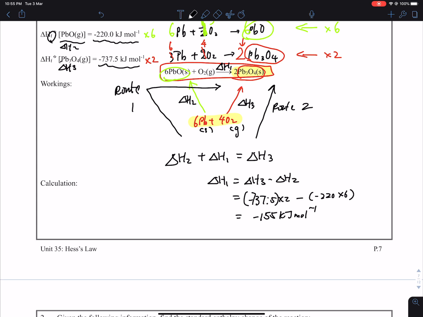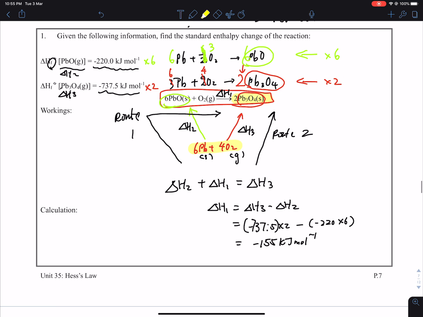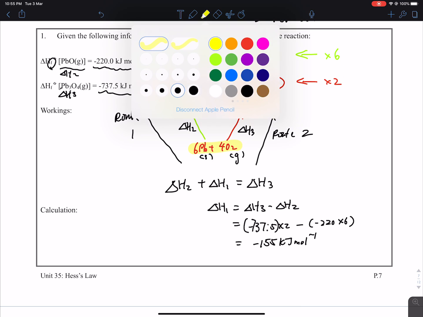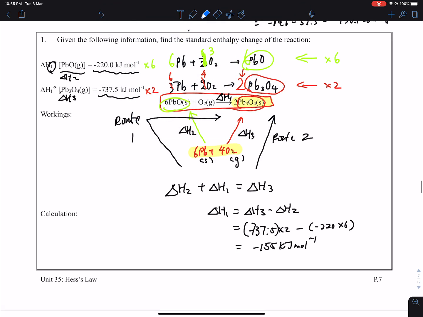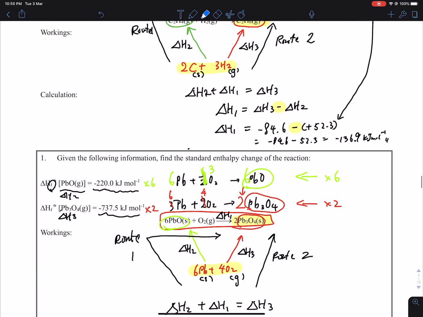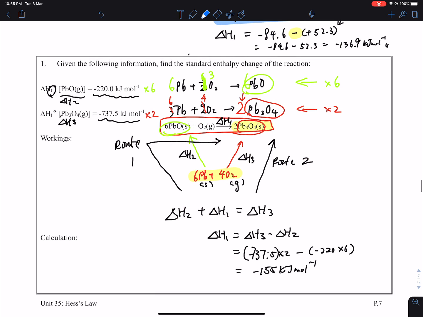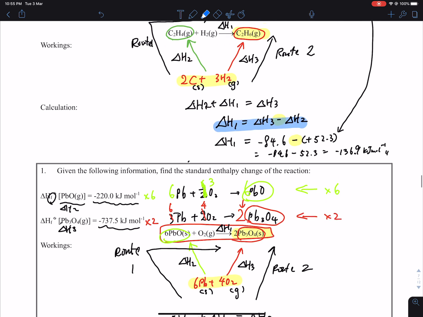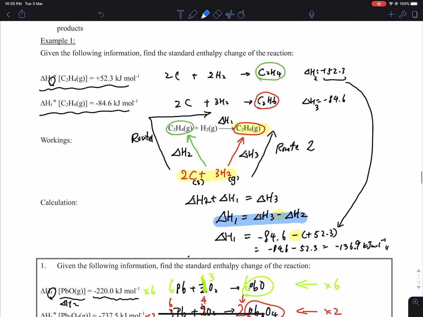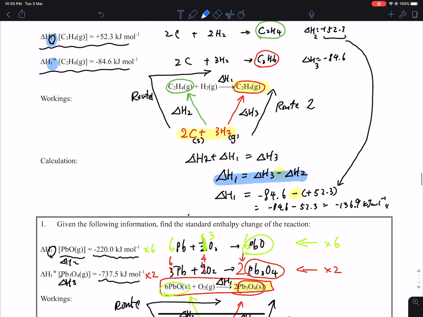Now, the reason why we work out this one together is because we would like to find out something common in these 2 examples. When you go back to the equation for the calculation, can you see the equations for these 2 are actually the same? What makes the equation for calculation the same? Take a look at the given data over here. The given data here is formation, regardless of what we are calculating.